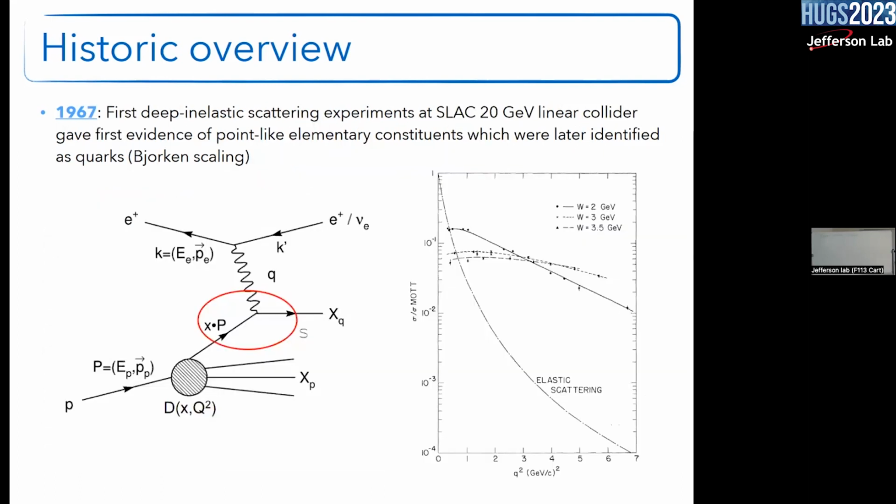And it was in 1967 that the first deep inelastic scattering experiment was observed at SLAC, which actually gave the evidence of the existence of these point-like particles that had spin 1/2 and were the elementary constituents of the proton, that only 3 years later were identified with the quarks that were modeled theoretically because of the geometrical intuition of Gell-Mann.